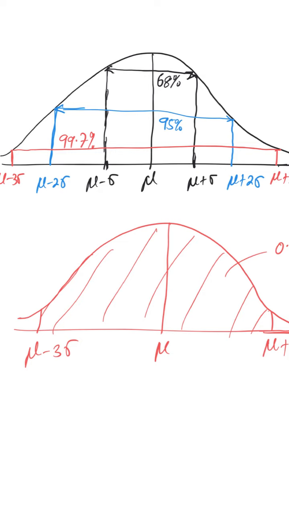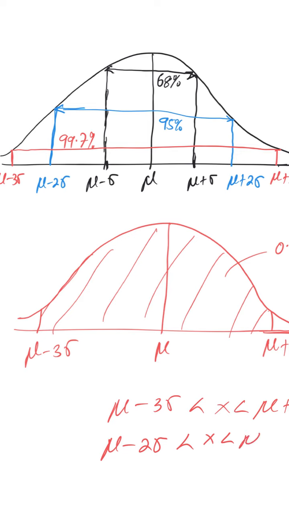If we say within 3 standard deviations of the mean, it means mu minus 3 standard deviations less than x less than mu plus 3 standard deviations. If we say within 2 standard deviations of the mean, then this is mu minus 2 standard deviations less or equal to x less or equal to mu plus 2 standard deviations.